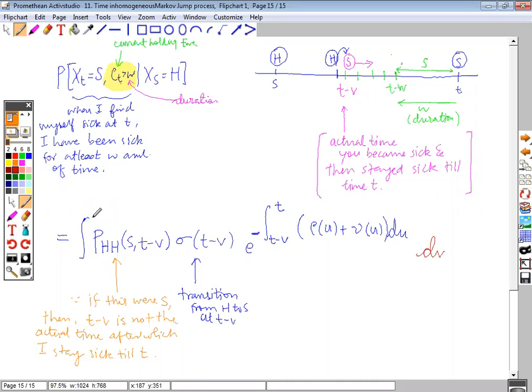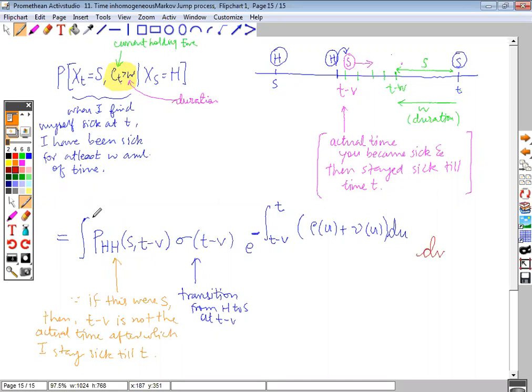It cannot be 0, right? Because we already know that at S we were healthy. So will it be some very small amount of time? Okay, and why do you think it should be a very small amount of time? Because that is possible, right? Okay. Something else.